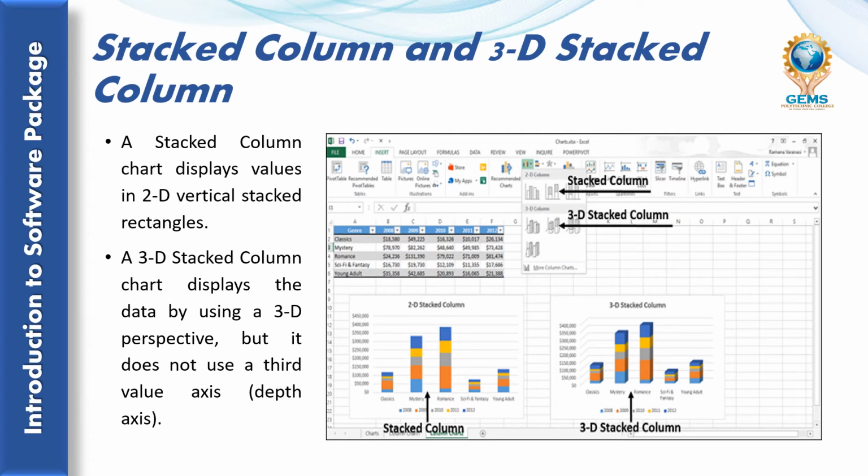To open these, go to the Insert menu, then chart options, and select the stacked column and 3D stacked column from the chart group. The 3D stacked column chart displays the data in 3D perspective, but it does not use a third value axis.